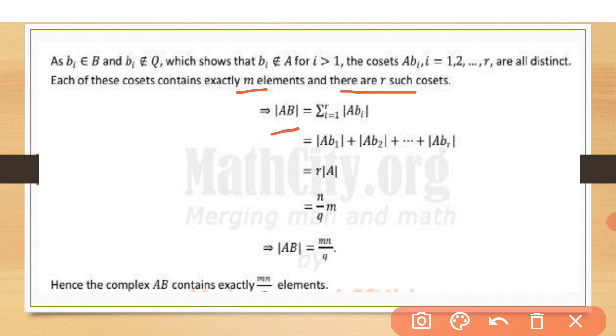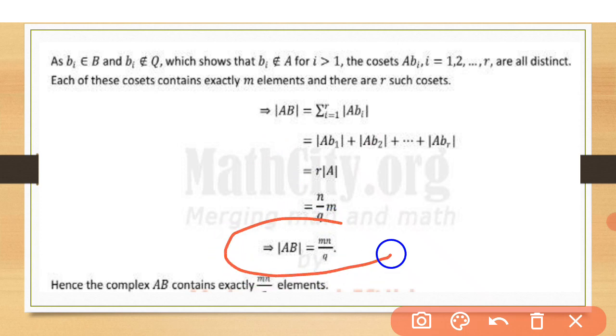So the order of AB will be equal to the summation of all the cosets. Since i is 1 to r, we add r times: AB1, AB2, AB3, AB4, up to ABr, each of order m, so r into the order of A. The order of A is m, and at the start we said that the index r is equal to n by q.